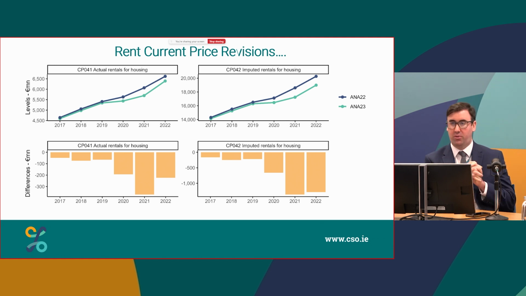So how does this fit in with the story of upward revisions to PCE growth? Well, at the same time as incorporating the new census data, we've changed how we're deflating the data. We've switched from using residential tenancies board data to using the consumer price index for rent. That was partly for conceptual reasons, partly because the census was suggesting the CPI was more appropriate.